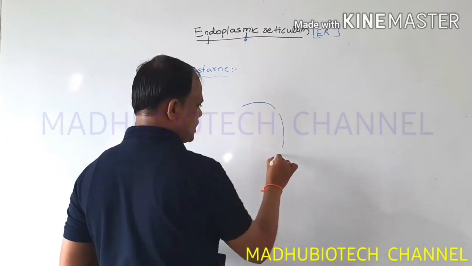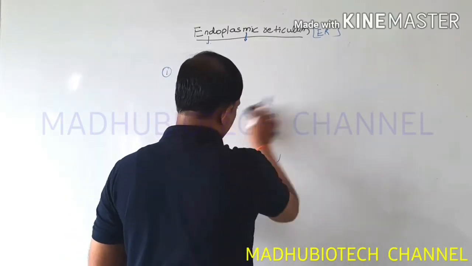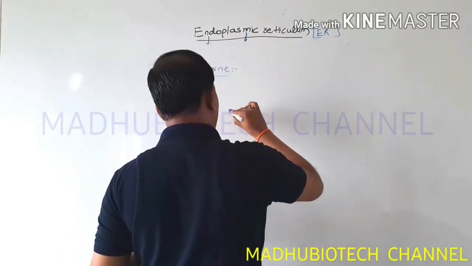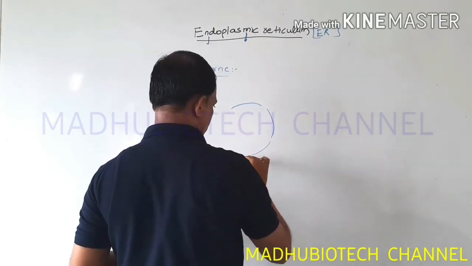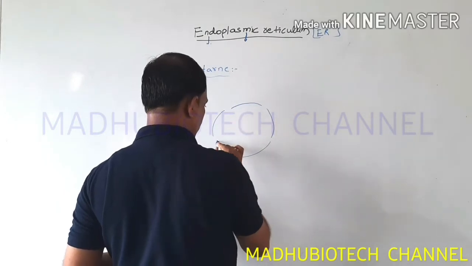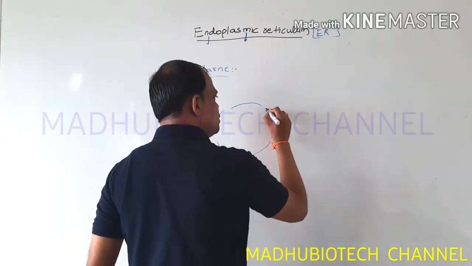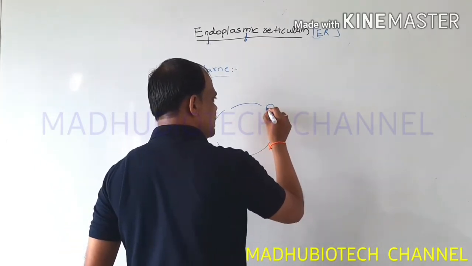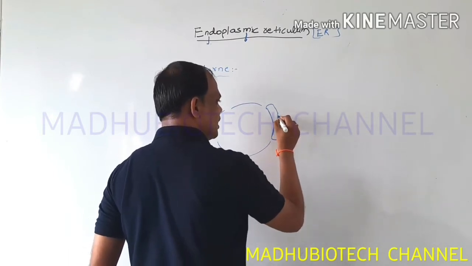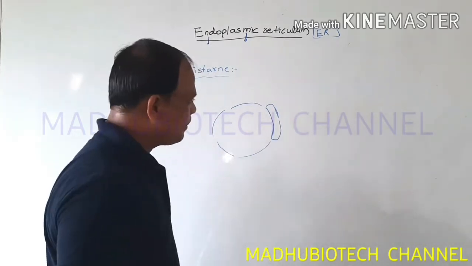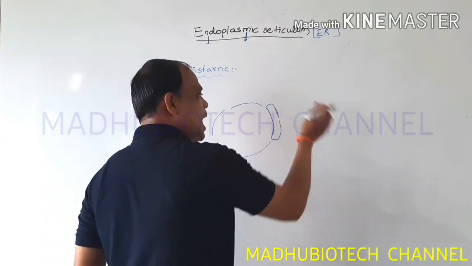For example, this is the nucleus. Here is the nuclear membrane. Invagination means the membrane goes inside; evagination means outside.